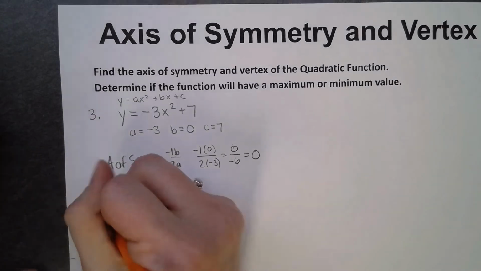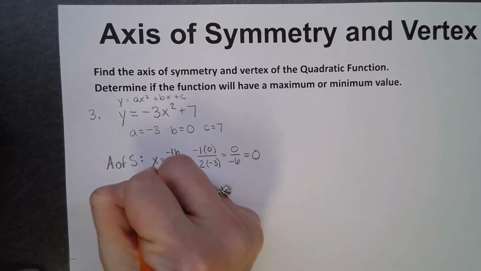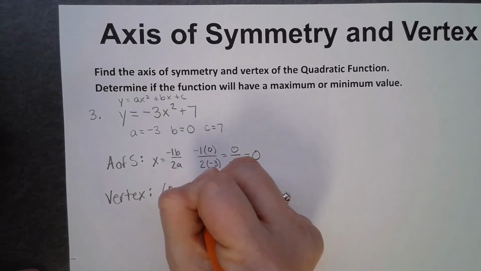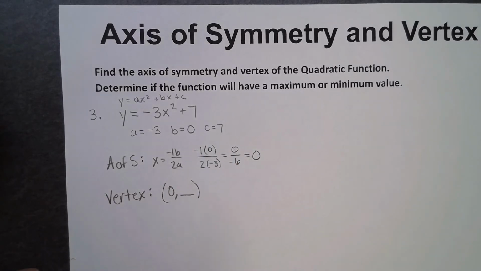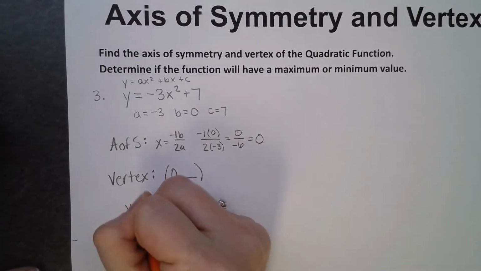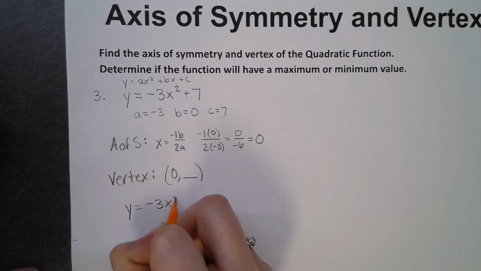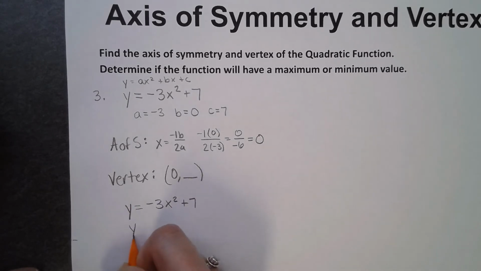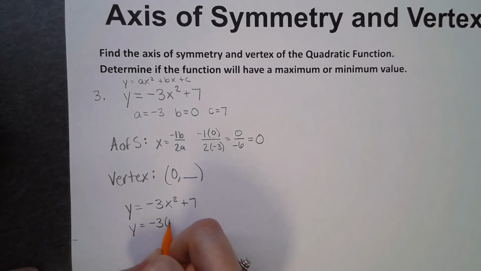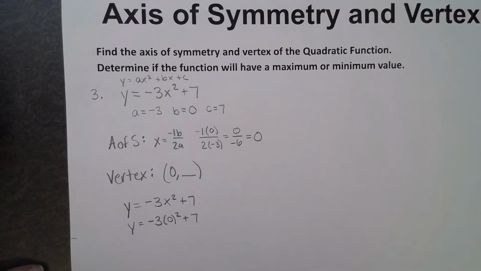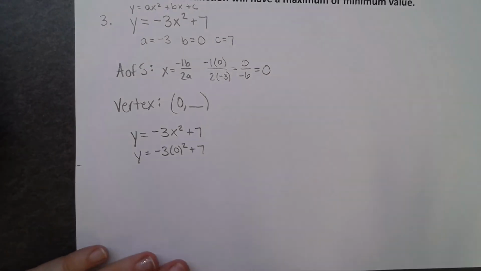So for our vertex, we know that that is our x value, and we need to solve for the y value. So let's substitute the 0 into our equation. So y equals -3 times 0 squared plus 7. Again, we could use our graphing calculator to help us work that out.